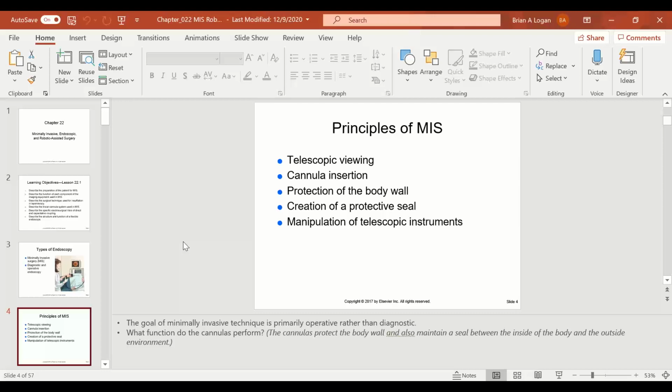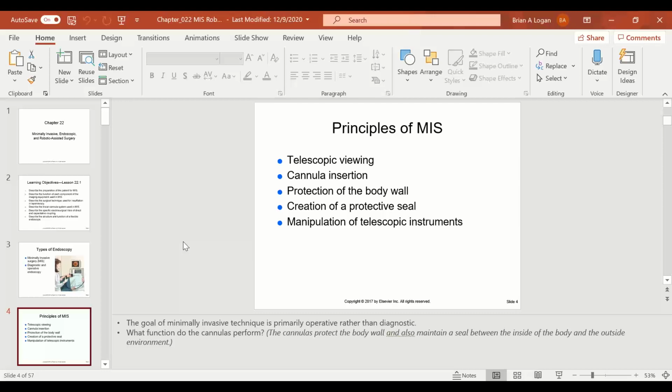What this means is that it's hollow down the middle of it. And we'll insert that into the body, outside of whatever cavity or area that we're going to be accessing. And now we can put instruments through that cannula, and then with the scope, be able to see the ends of those instruments and all the anatomy inside and what we're working on, what we're grabbing, that kind of thing.